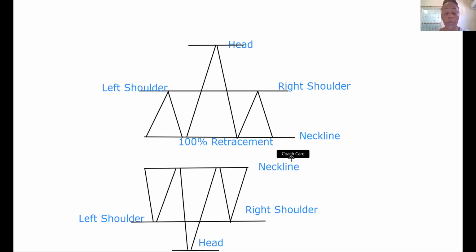All right, so there are 3 ways to trade the head and shoulder pattern.